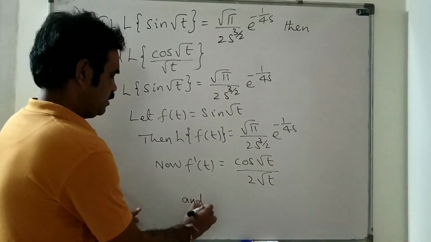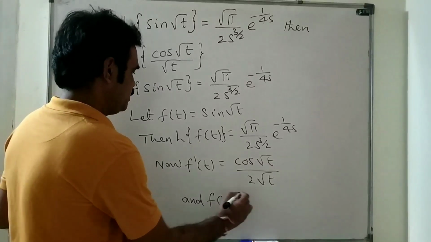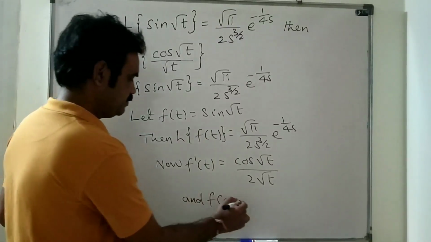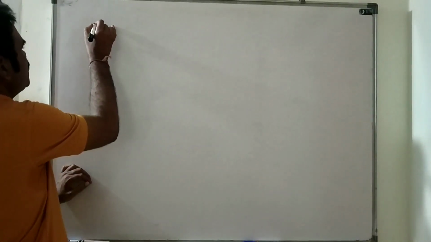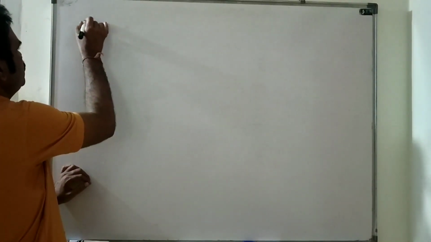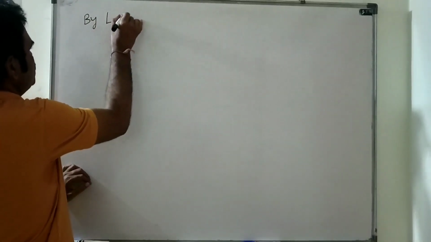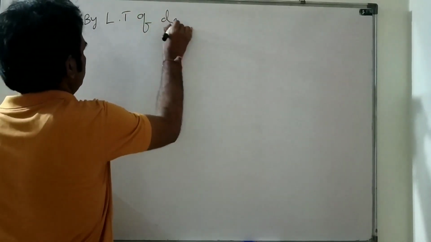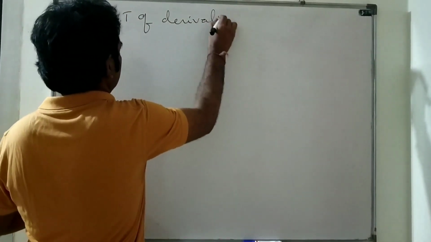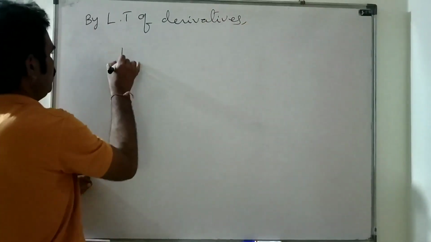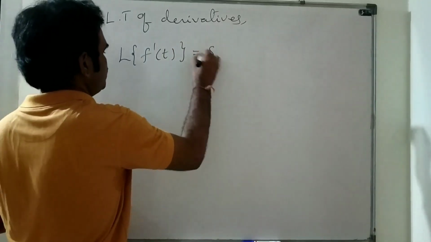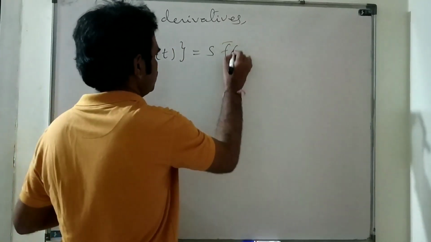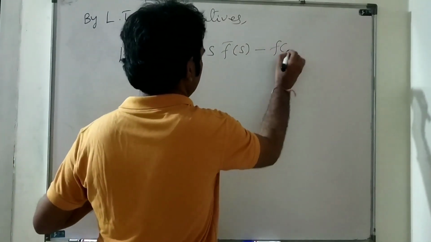And f of 0, here f of t is sine root t, f of 0 is 0. So by the theorem of Laplace transform of derivatives, L of f dash of t is equal to s into f bar s minus f of 0.